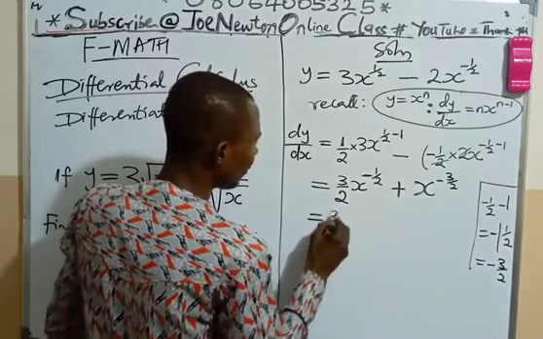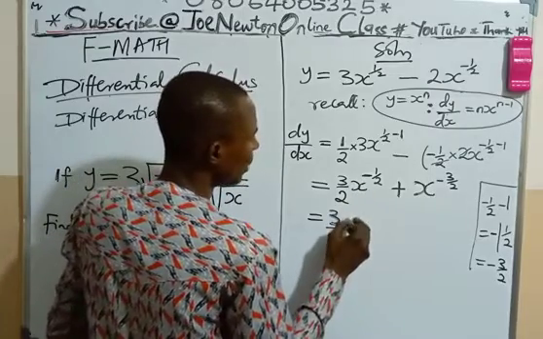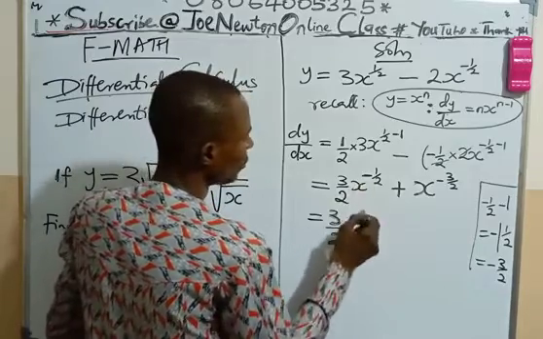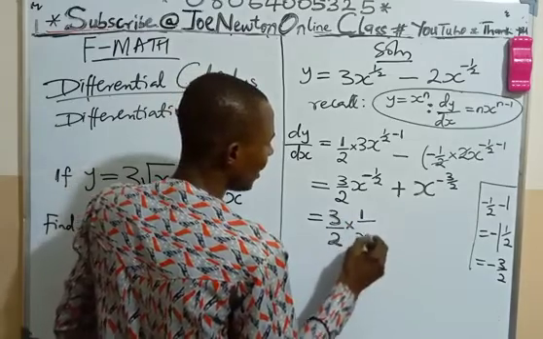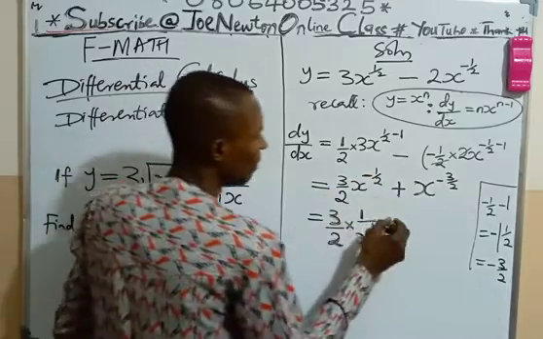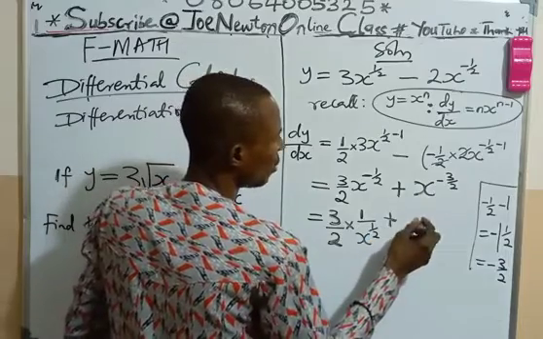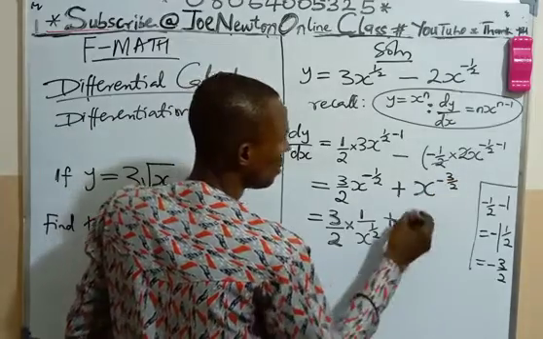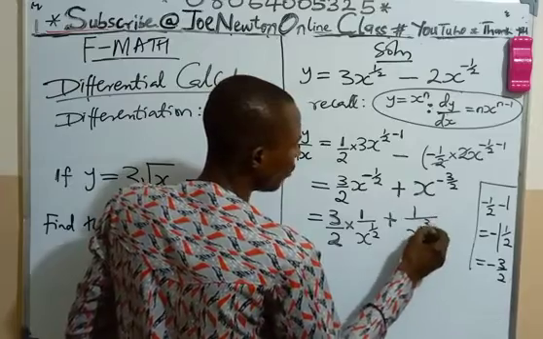This means 3 over 2 times, or let me use times, 3 over 2 times 1 over x raised to the power 1 over 2, because this is minus, then plus. This side becomes, we have x raised to the power minus 3 over 2, which means 1 over x raised to the power 3 over 2.